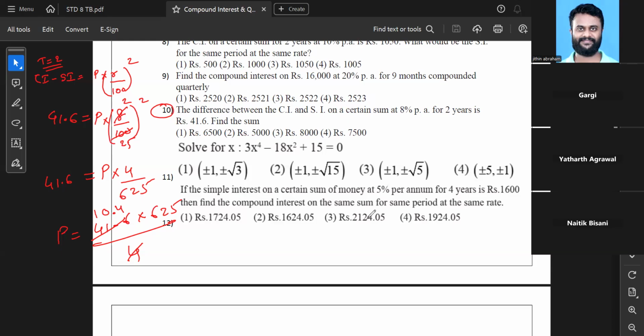The procedure is absolutely correct. कैलकुलेशन में कुछ हुआ है क्या? 4 4 2 आर 625. Wait, 6500 it is. 6500, yes. That's your principal. Any doubt?